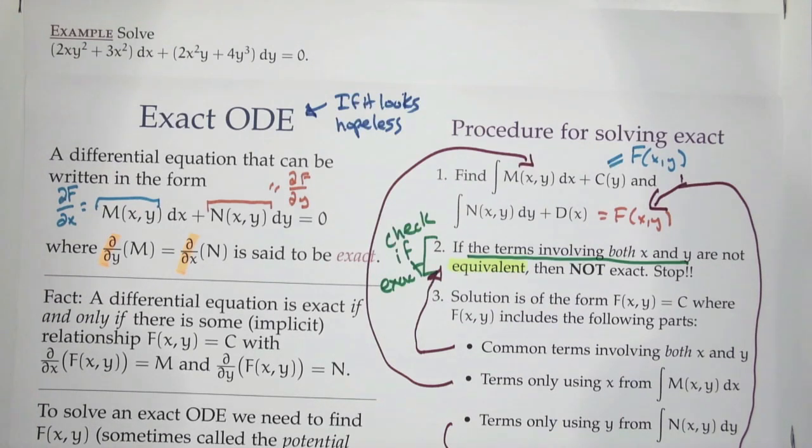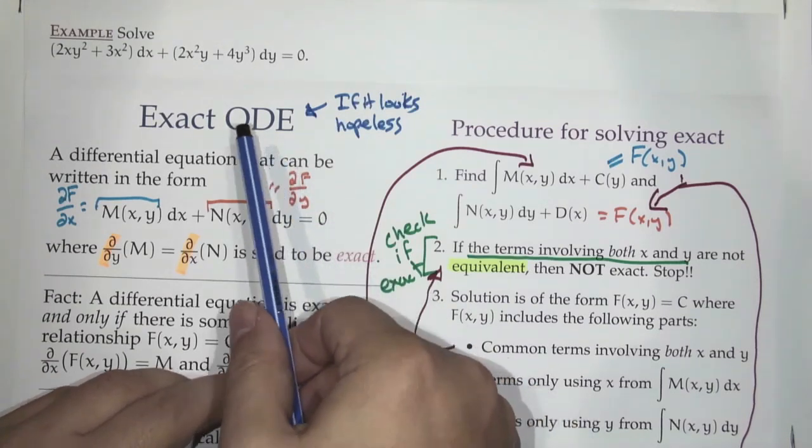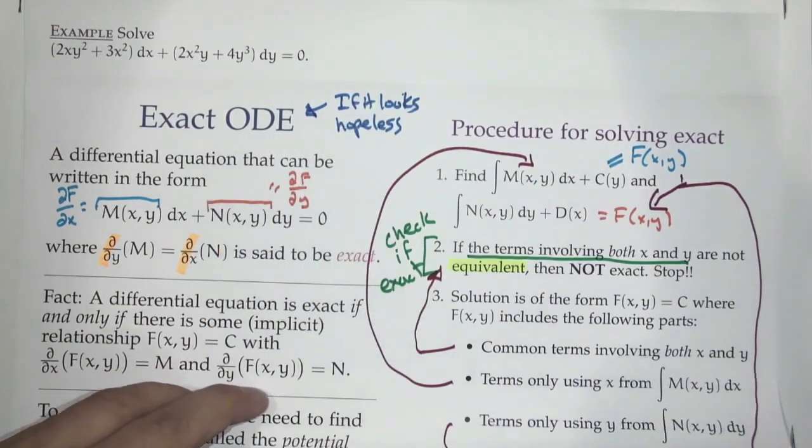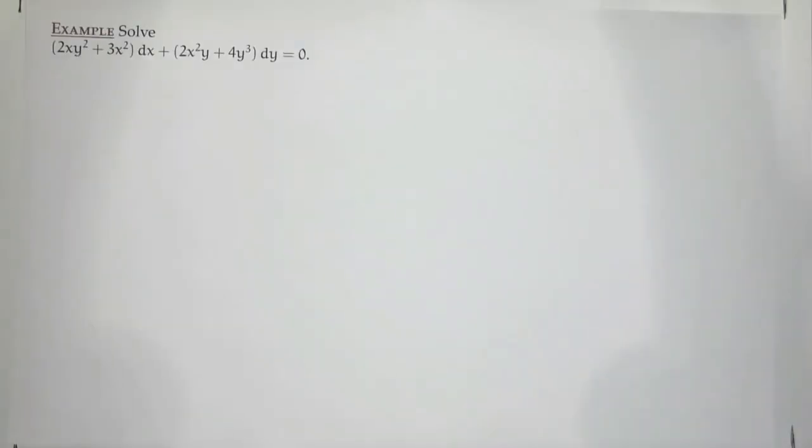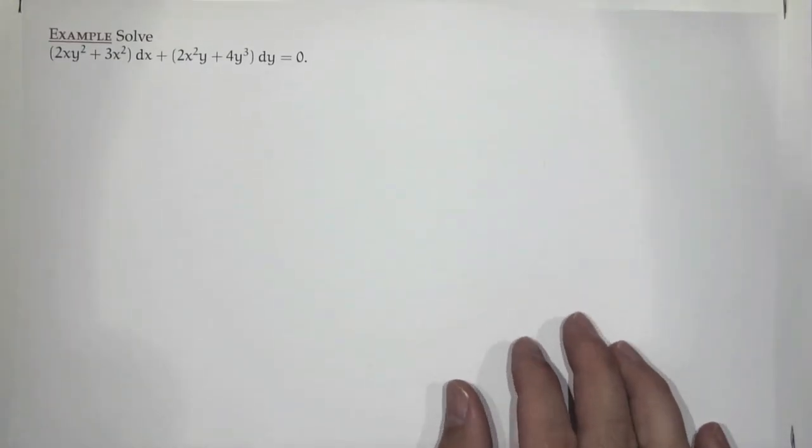The more flotsam and jetsam you have, the more it's like, that's probably exact. So we make things look complicated deliberately to send you a signal. This is exact without actually saying the words. So anyways, the more hopeless it looks, the more likely it's exact. Okay, with that out of the way, our first example.